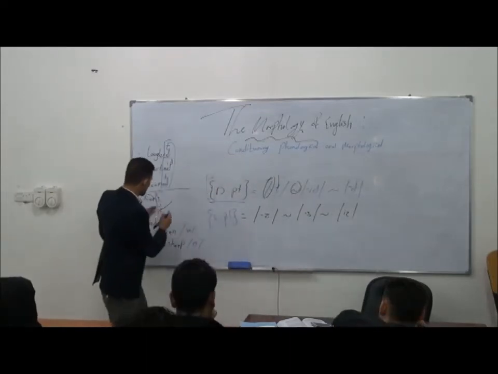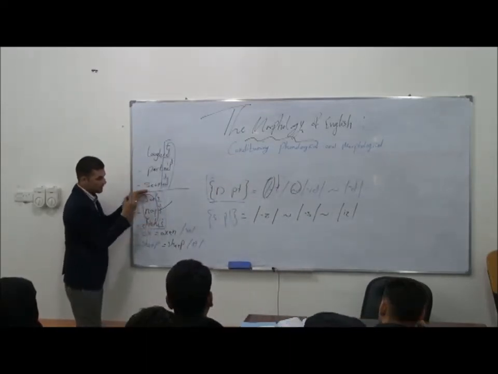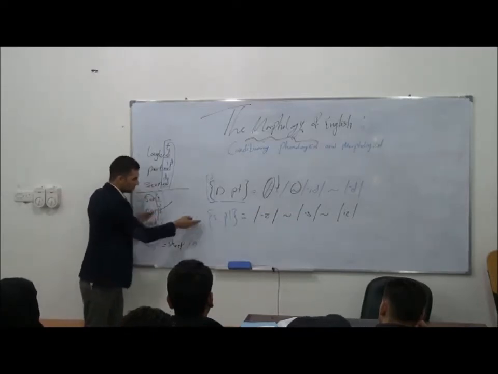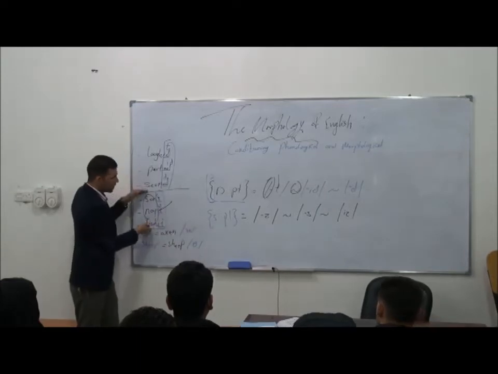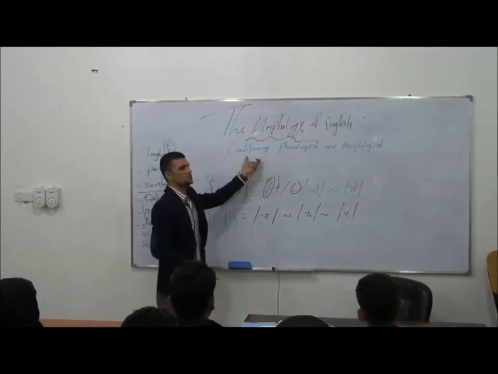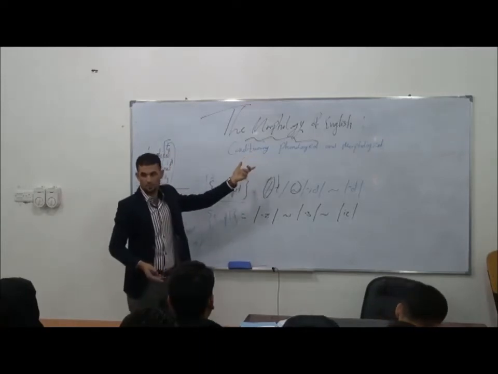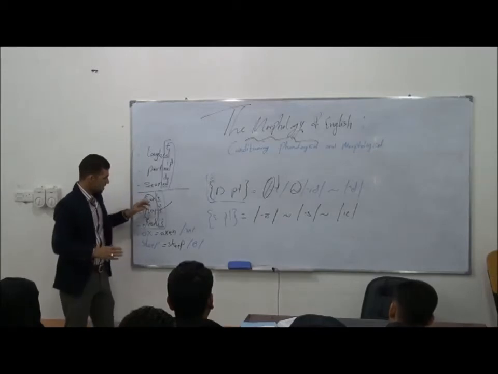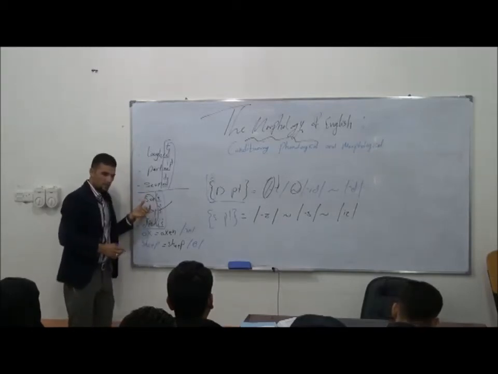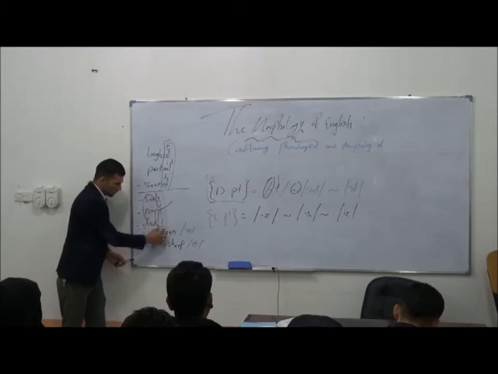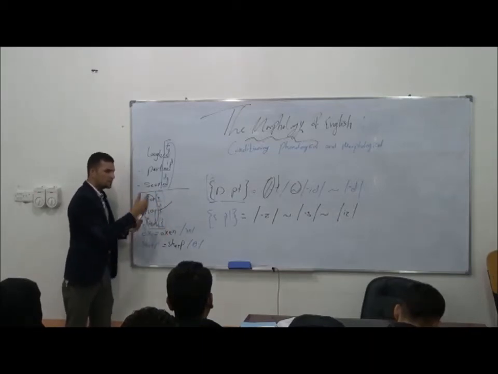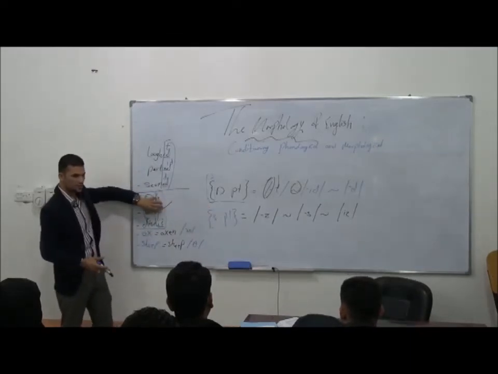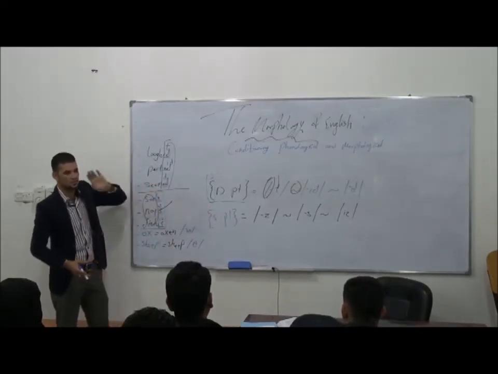So when the phonological environment, as in these three words, plays a role and has an effect on the pronunciation of this morpheme, the morpheme in these three words is phonologically conditioned. Got it? Clear?